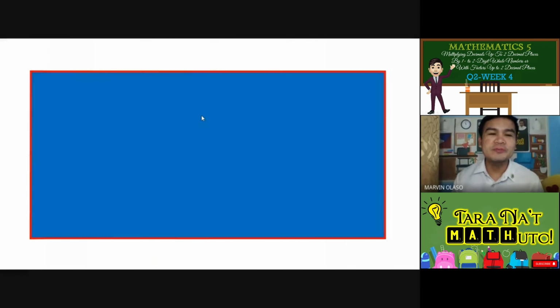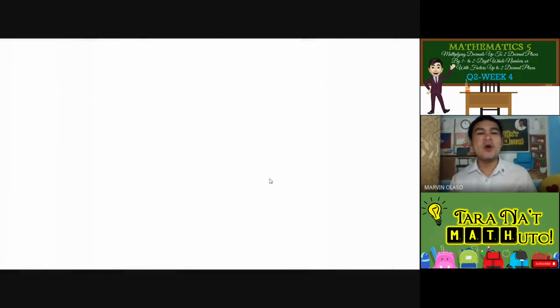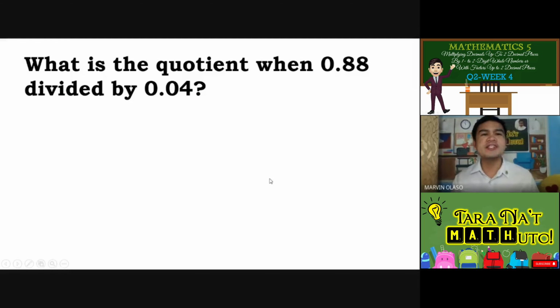Okay? So let's have now our first topic, dividing decimals up to two decimal places. Now what if the question is, what is the quotient when, how do we read this one? Again, 88 hundredths divided by 4 hundredths.